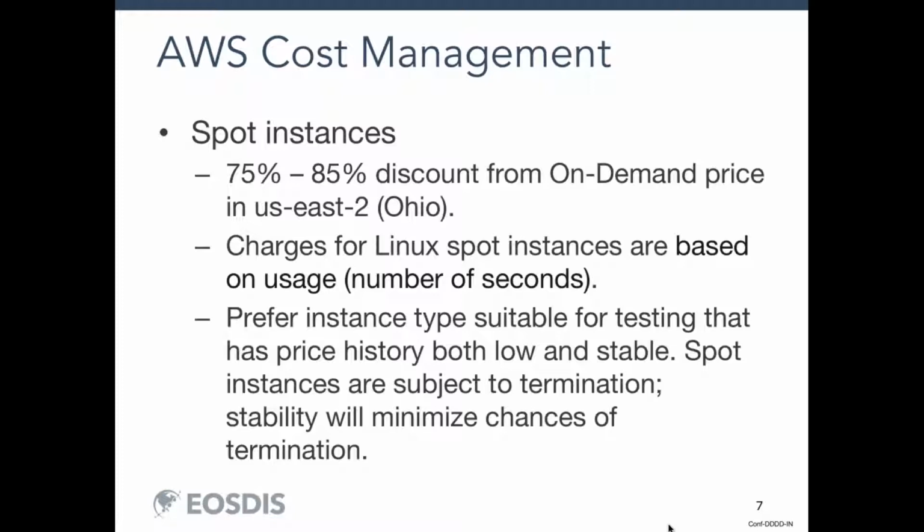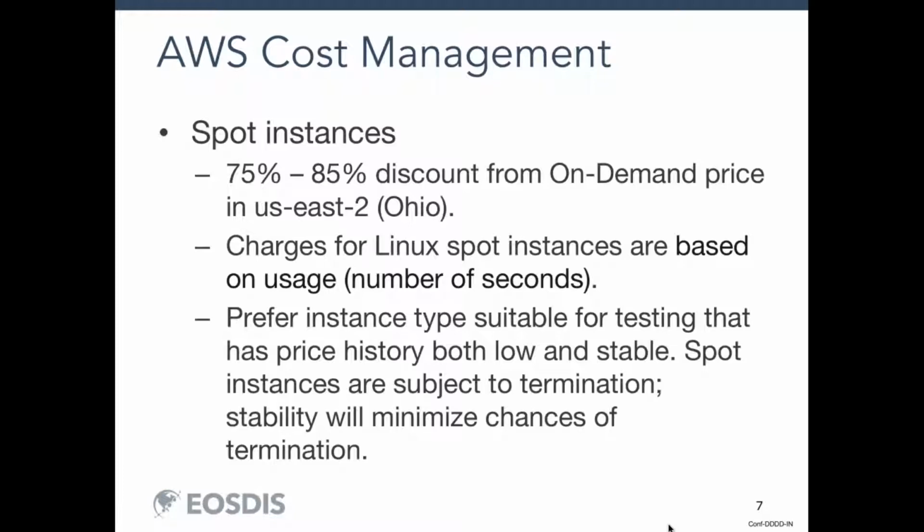We prefer instance types for testing that have a price history that's low and also stable, because with spot instances, if the price goes up above what you're willing to pay, then your instance is terminated.